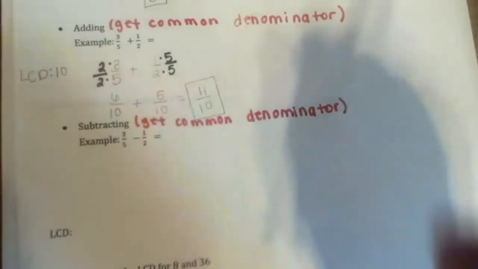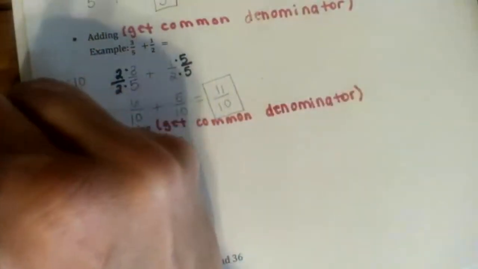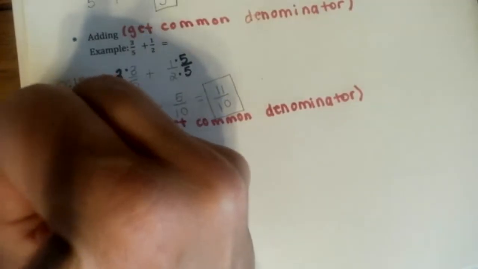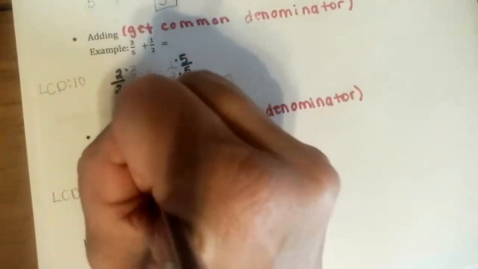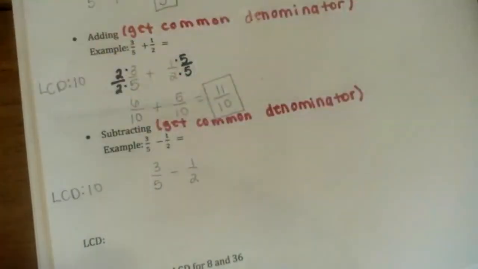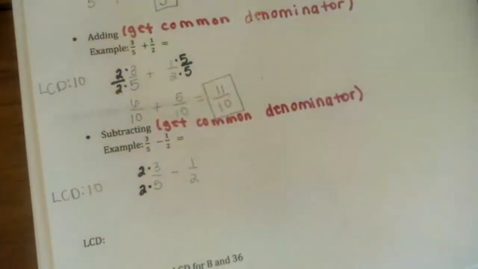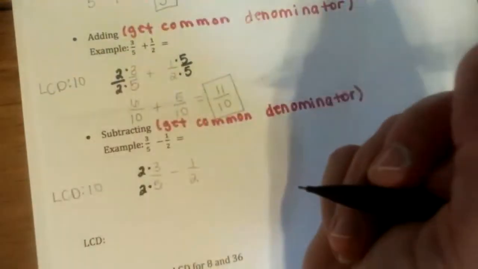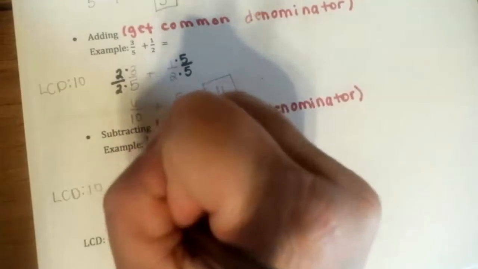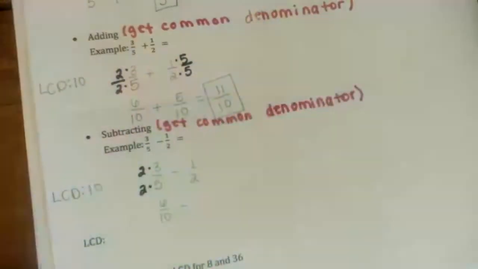I can make 5 and 2 into 10 by multiplying. So our LCD, our least common denominator, will be 10. If we have 3/5 minus 1/2, just like we did up here, I can multiply that first fraction by 2 on the top and the bottom. So that would give us 2 times 3 is 6 over 2 times 5 is 10 minus, I can multiply the second fraction by 5 on top and the bottom, just like we did up here.